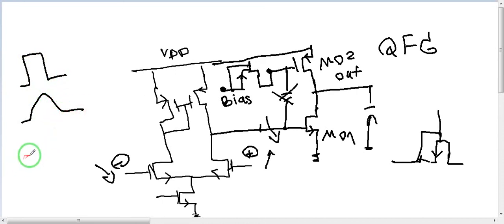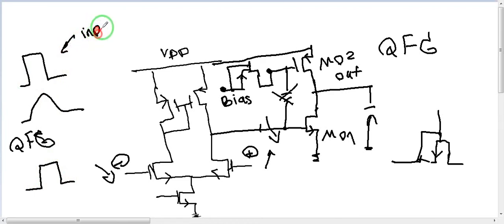So assuming that you have a quasi-floating gate, you have something better, sharper, and very close to the input. And these are outputs. I become better with this electronic pen.